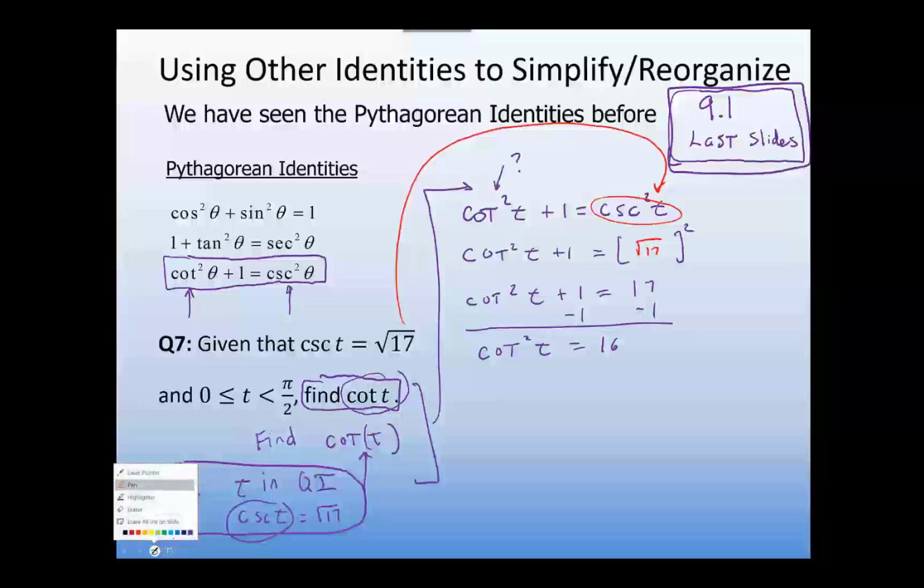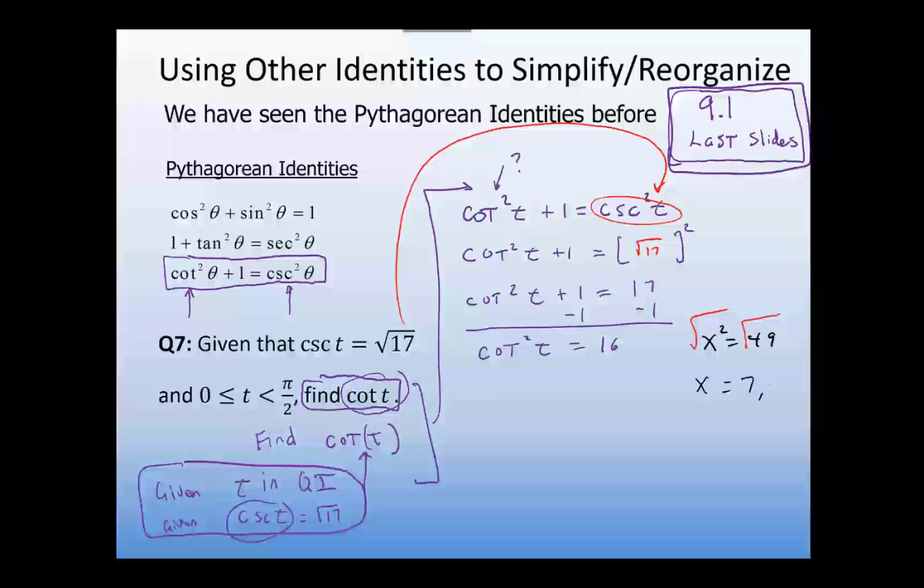Now, a long time ago, some of you may have studied this, some of you may not have. There's a method called the square root method. If you have a single second power equation, you can take the square root of both sides. But there's 2 answers. For example, x squared equals 49, so x equals the square root of 49, which is 7.